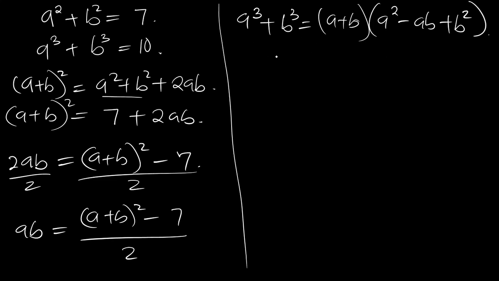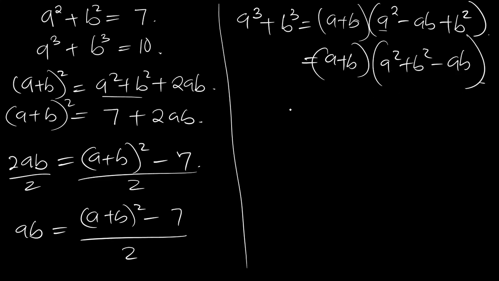So now you have a plus b into a squared plus b squared minus ab. You have this equal to a plus b times this, where a squared plus b squared is equal to 7. So this is 7 minus ab.